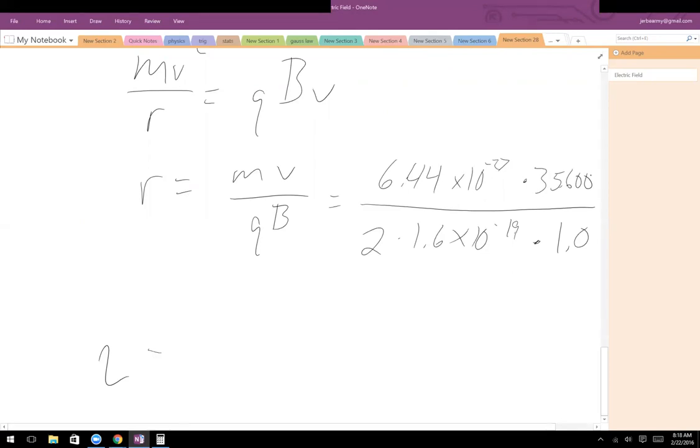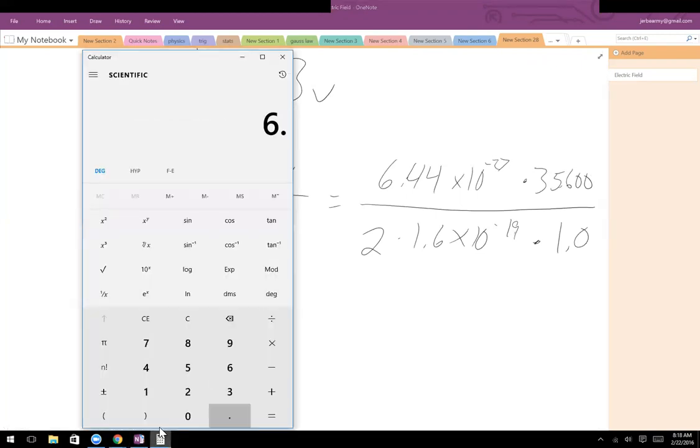All right, so let's grab our little calculator. 6.44 times 356,000 divided by 2 divided by 1.6 divided by 1 is that. And we also got 10 to the negative 8. This is 10 to the 4th. So altogether you'll have 7.16 times 10 to the minus 4th.